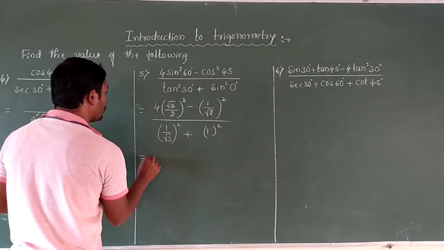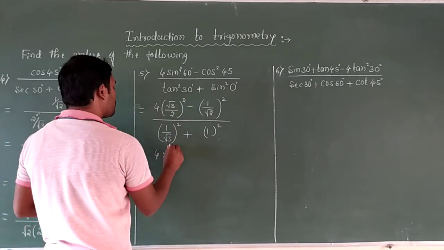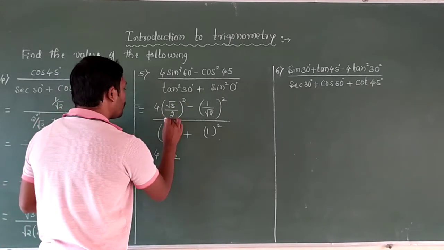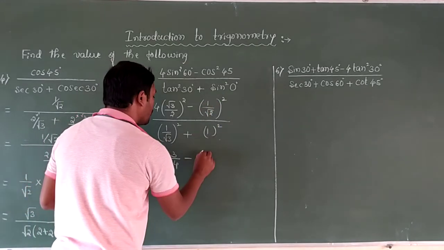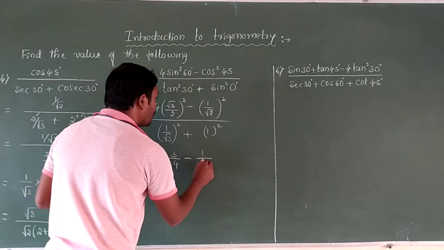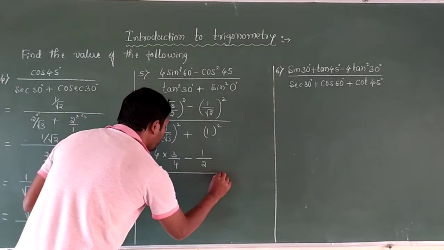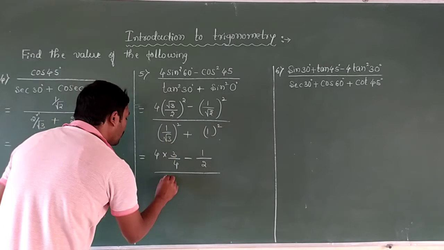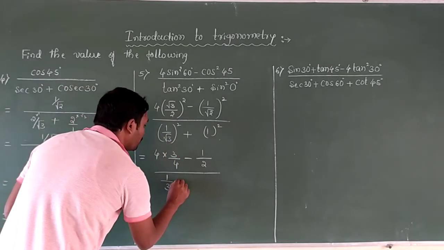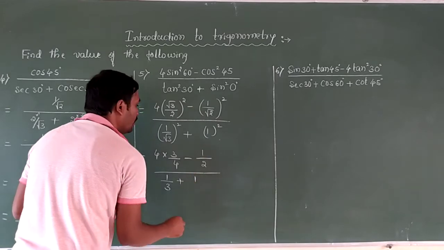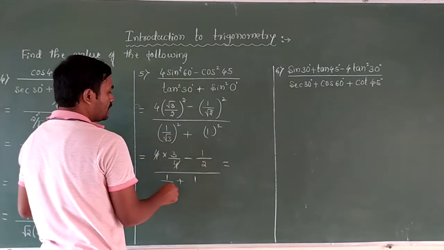So this is equals to 4 into root 3 square is 3, 2 square is 4, minus 1 square is 1, root 2 square is 2, whole divided by 1 square is 1, root 3 square is 3, plus 1 square is 1. So this is equals to, here 4 get cancelled, children.